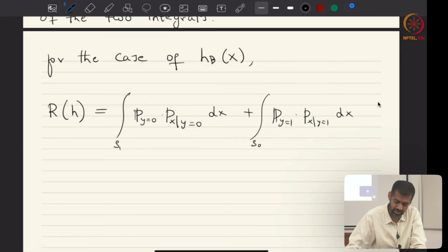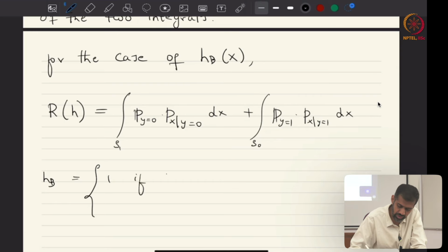The question is, so I will just write down, H_B chooses, or H_B is equal to 1 if P of y equal to 1 given x is greater than the corresponding term for class 0. If I want, I can extend this.